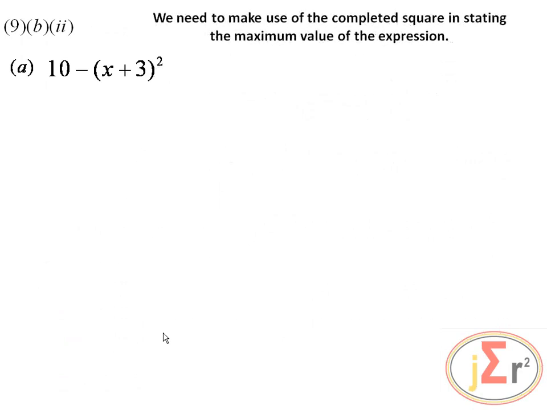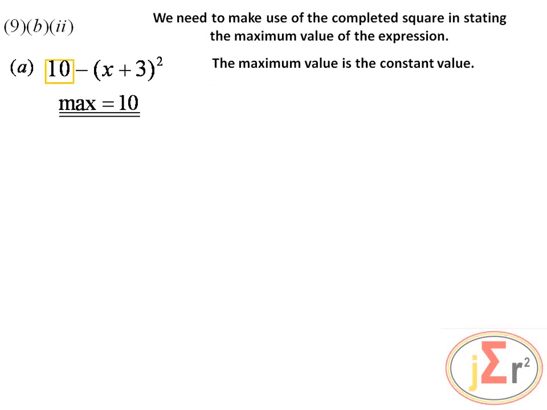We need to make use of the completed square in stating, because the statement of the problem said, hence state the maximum value of 1 minus 6x minus x squared. State the maximum value. The maximum value is the constant value. So the maximum is equal to 10.